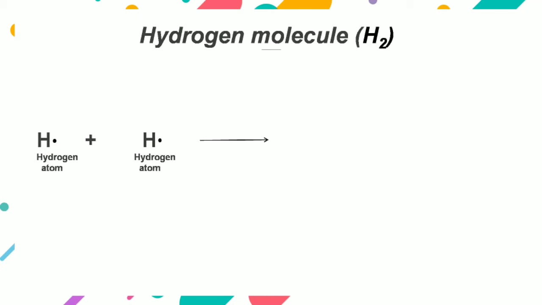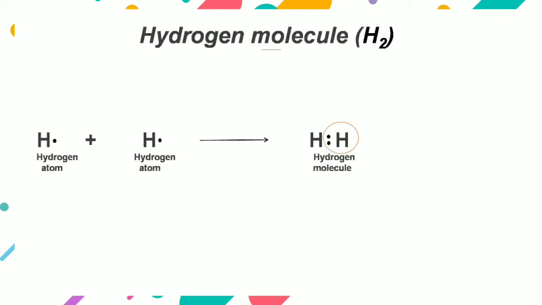And as we did in orbital structure, the shared pair of electrons are always shown in the area between the symbols of both the atoms. You may see here that by sharing of electrons, now both hydrogen atoms have completed their duplet.